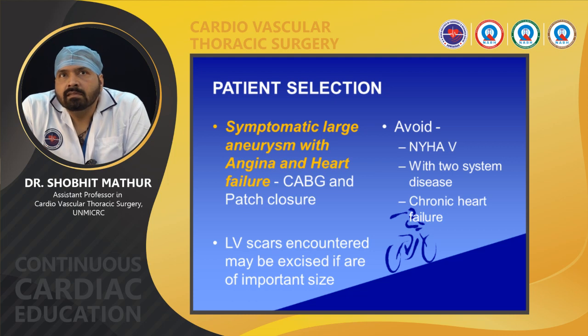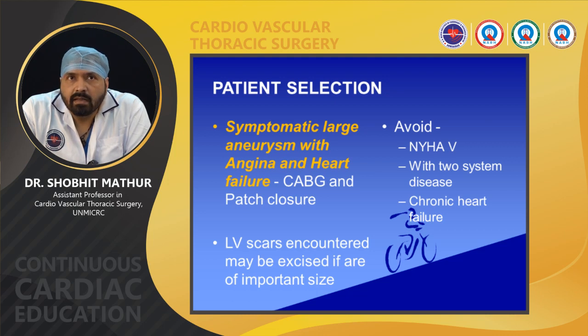To achieve these results, we have to be very specific about our patient selection. Symptomatic large aneurysms with angina and heart failure are the ideal candidates for surgery. With very small aneurysms, even if we do resection and LV wall reconstruction, the symptomatology after the surgery doesn't improve much.